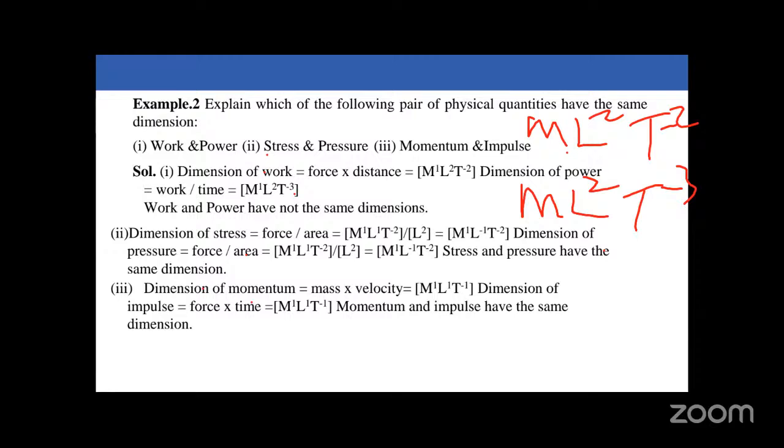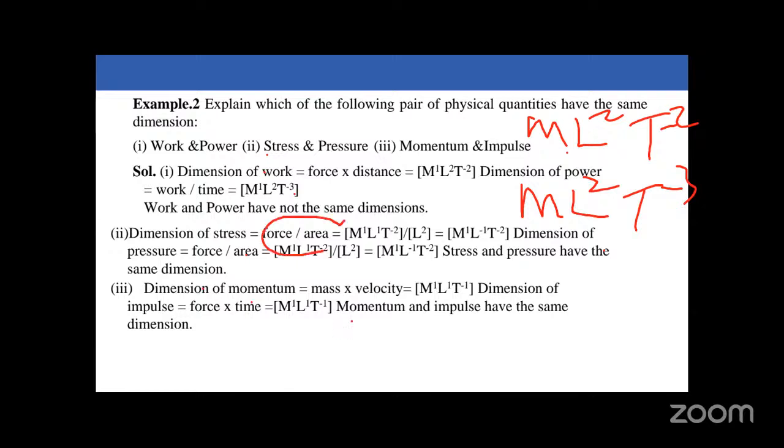Now, the second example there is stress and pressure. So what is stress? Stress is force over area. And what is pressure? Pressure is force over area as well. So by definition, they are the same, which implies that they will have the same dimension.